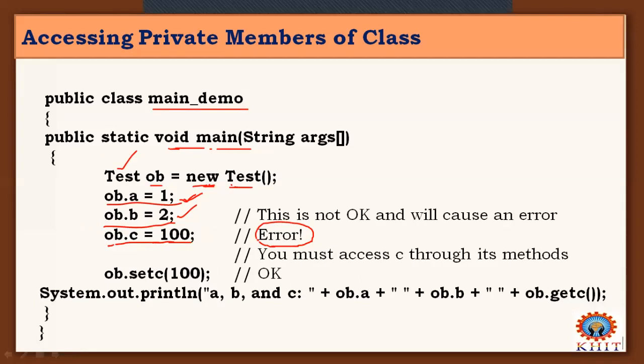But there is a possibility to access this private variable. You must access the private variable c through its methods. ob.setC(100), and I can pass an integer value 100 here.